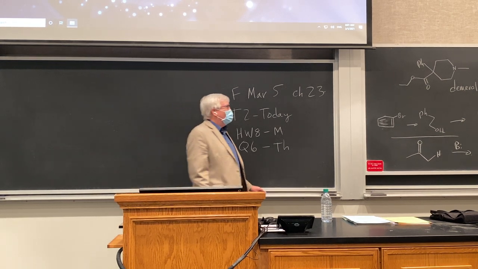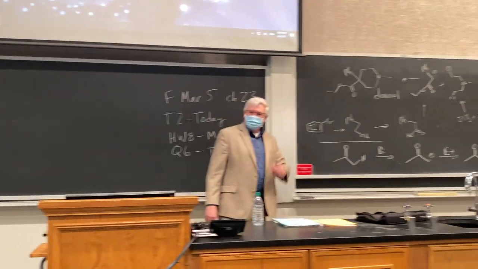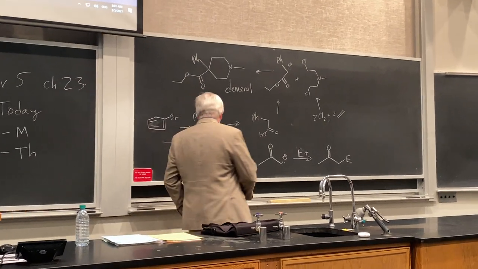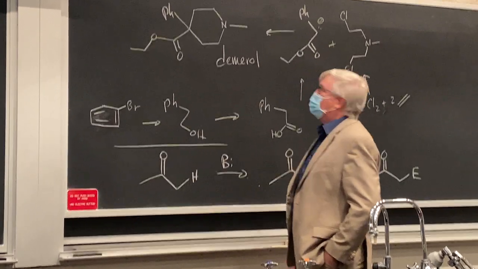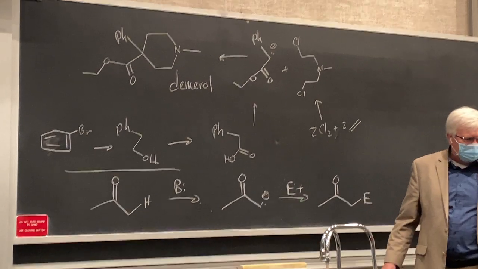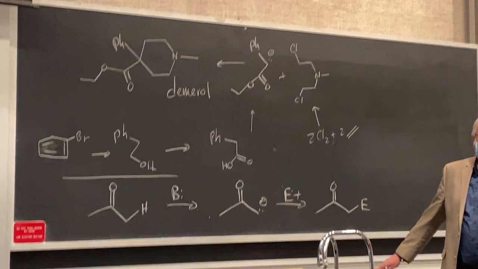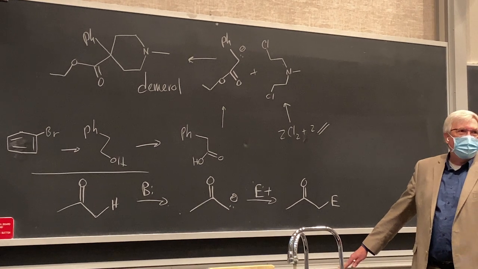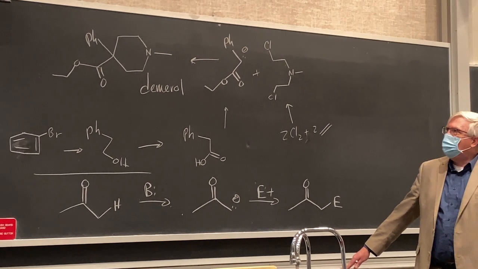Okay. Let's move on here to catch your attention a little bit with enolates. And I always like to show a practical example. Here's a painkiller, Demerol, which is still very popular, used in the clinic. Painkiller, it mimics morphine, so it treats acute pain.